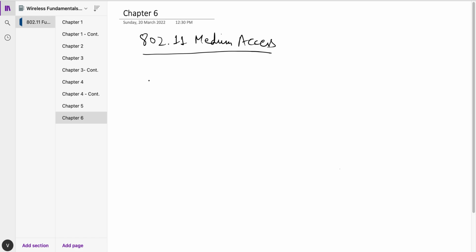In this chapter, we will discuss CSMA/CA and CSMA/CD, what they are, and how Wi-Fi is different from wired when it comes to medium access. And also we'll go through some concepts of DCF, which I will talk about in later videos.